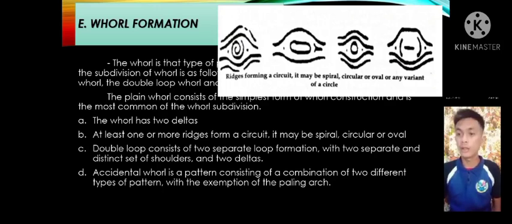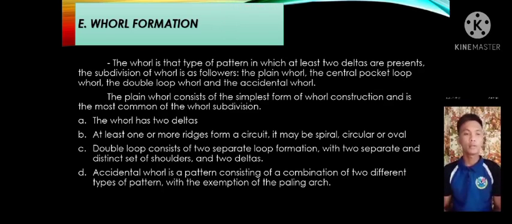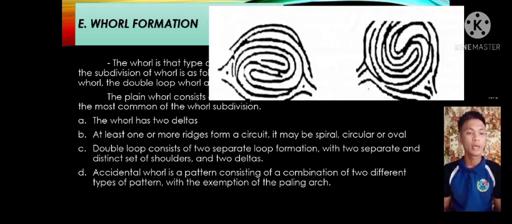Ridge counter, a handheld pointed tool used for counting the number of ridges during fingerprint analysis. Having two separate loop formations with two separate and distinct sets of shoulders, or double loop, a type of print pattern that consists of two separate loop formations with two separate and distinct sets of shoulders and two deltas.